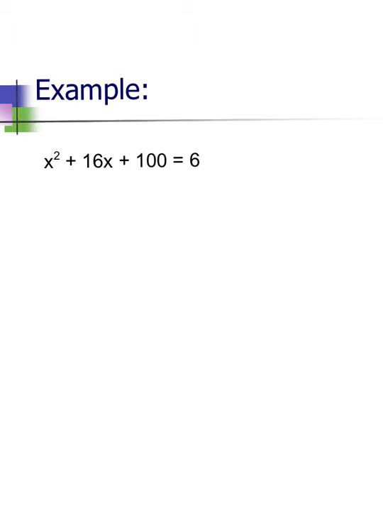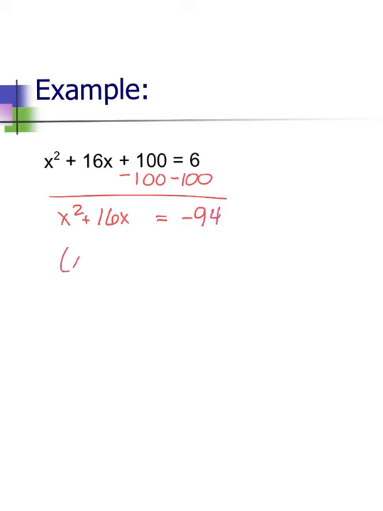Next example. First thing, letters on the left, numbers have to go to the right. So now I have x squared plus 16x equals negative 94. I'm going to set up with my parentheses. I'm going to cut this number in half.